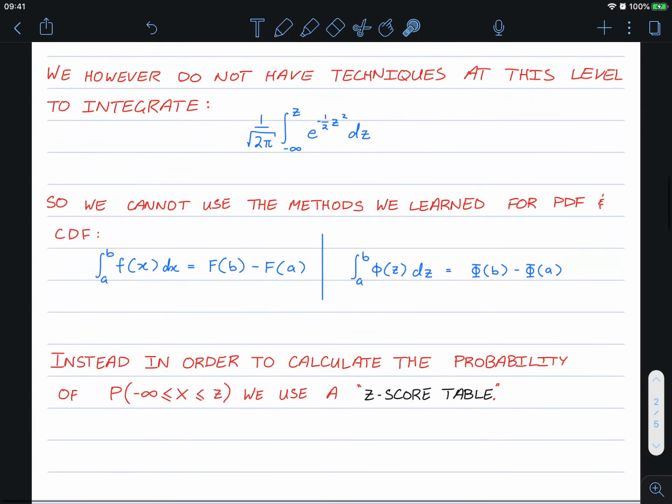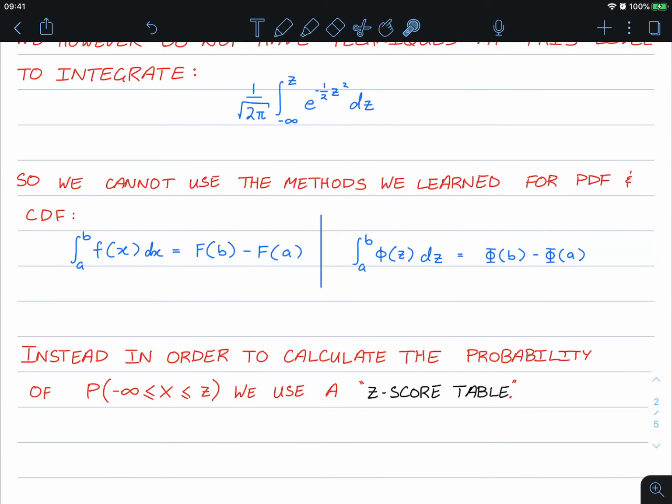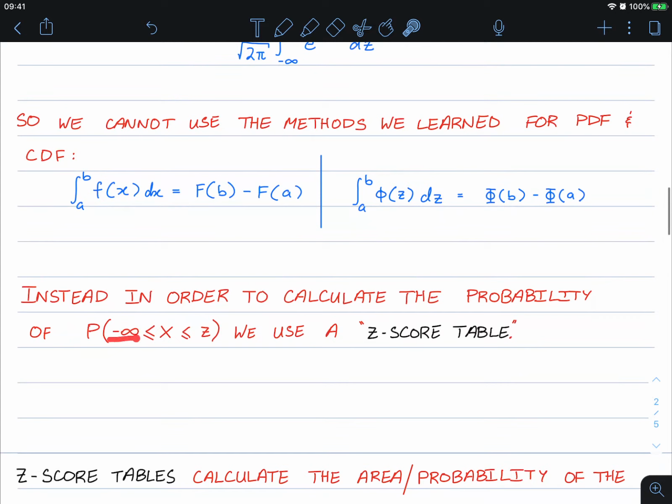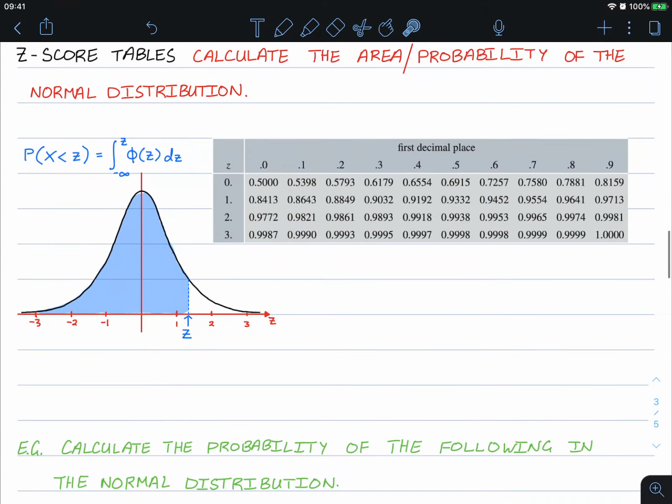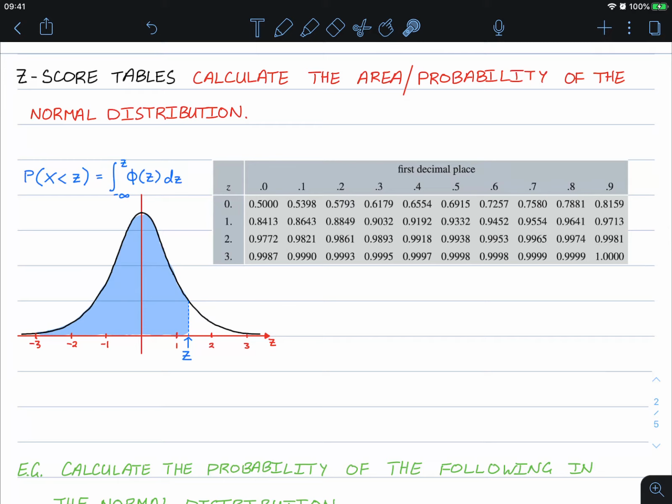Instead, in order to calculate the probability of, let's say, any negative infinity to the value of z, we have to use a Z-score table. Z-score tables calculate the area or the probability of the normal distribution.